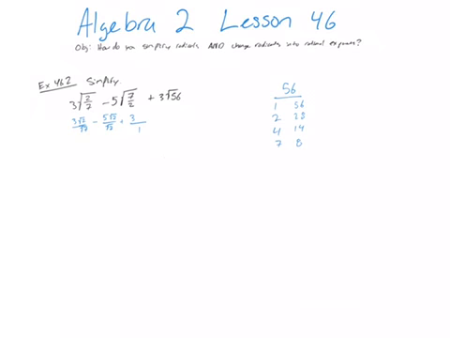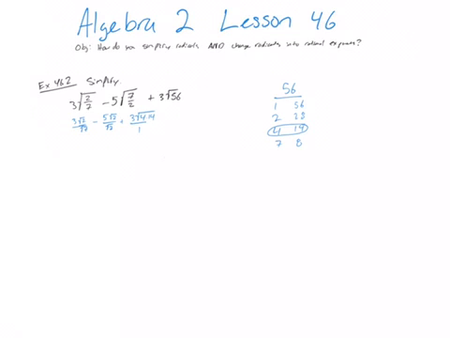We know that these are the factors of 56. 1 times 56, 2 times 28, 4 times 14, 7 times 8. And we see the biggest perfect square there. So I'm just going to write this as 4 times 14.